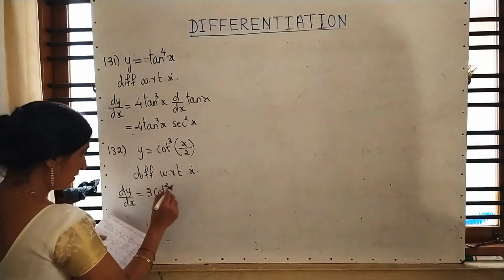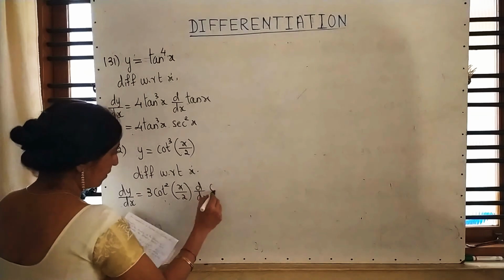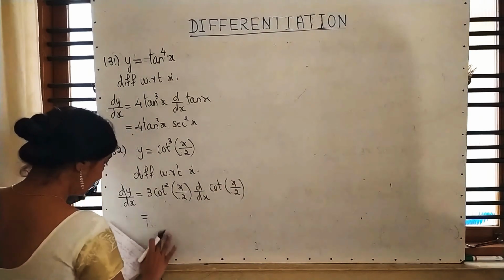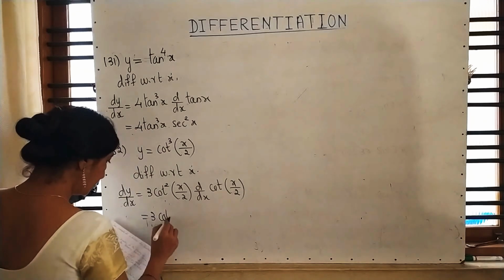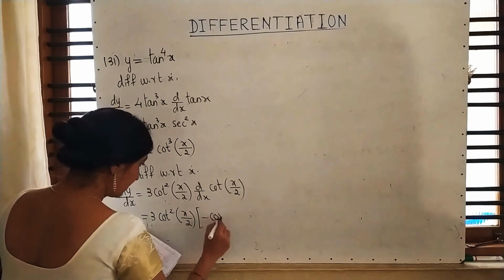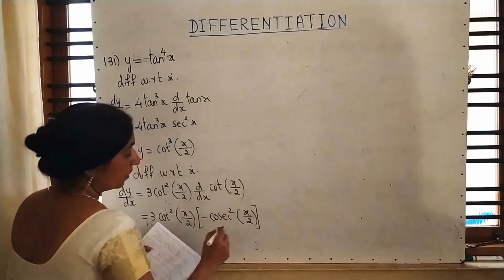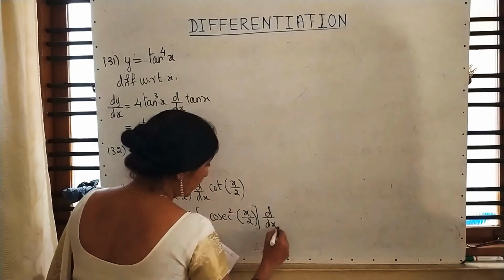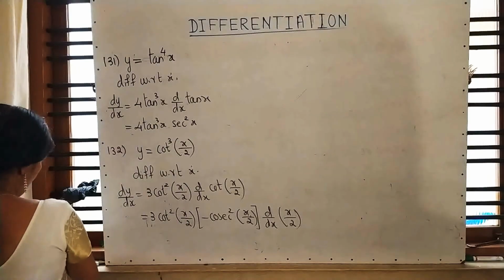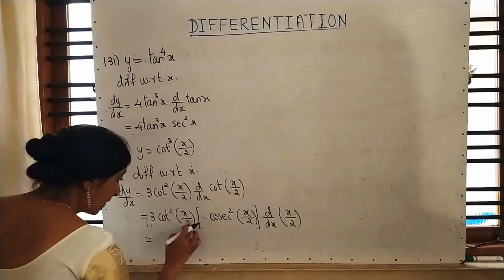3 cot square x by 2 into differentiation of cot x by 2. Differentiation of cot is minus cosecant square x by 2 into differentiation of x by 2, because the angle is other than x. And don't separate these two, that is the angle.